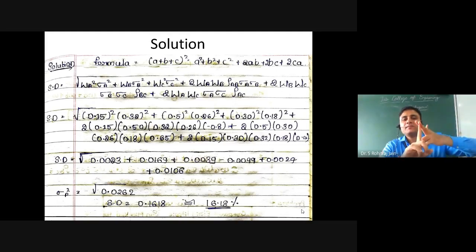Very simple. I continue, students: plus 2 into WB, WC into sigma B into sigma C into correlation coefficient of BC, plus 2 into WA, WC multiplied by standard deviation of A and C into correlation coefficient of AC.